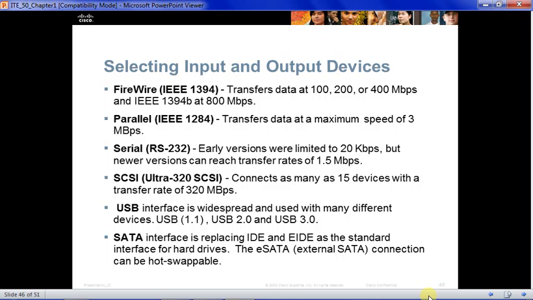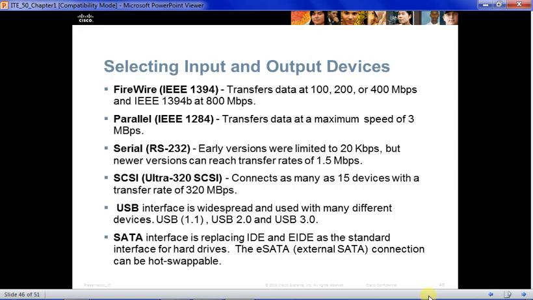and the USB interface is widespread and used with many different devices: USB 1.1, USB 2, and USB 3. The different versions can transfer data at higher rates. And then we have SATA, which is the interface that is replacing IDE and EIDE as the standard interface for hard drives.